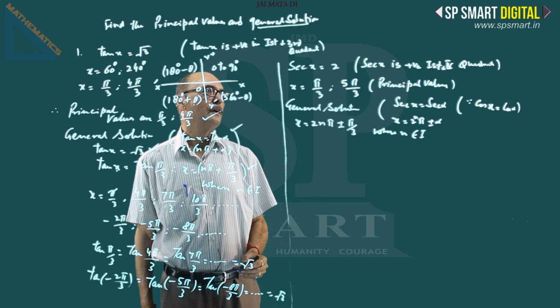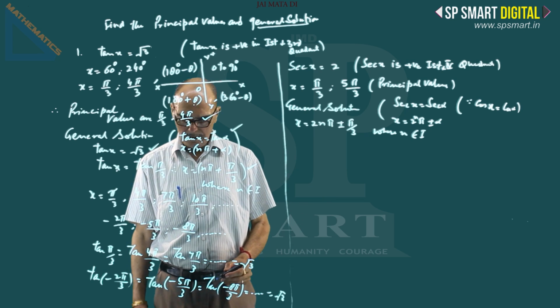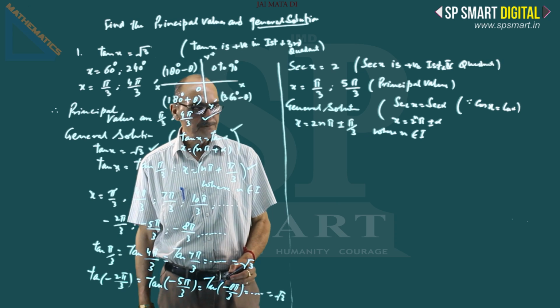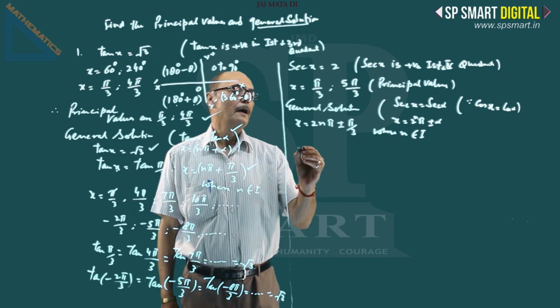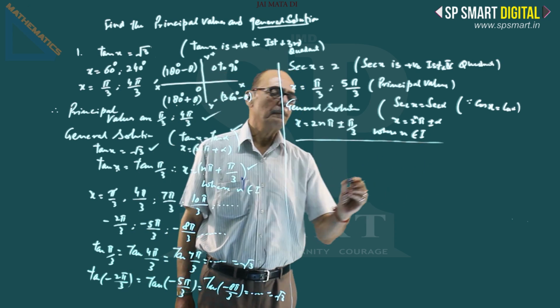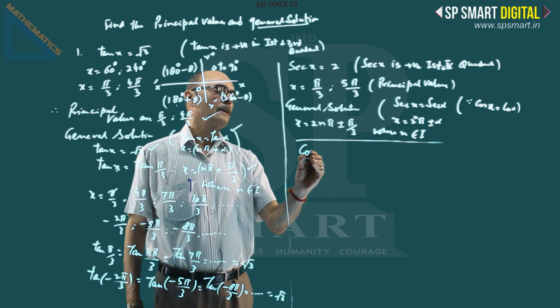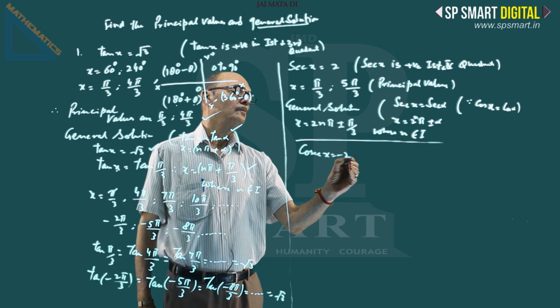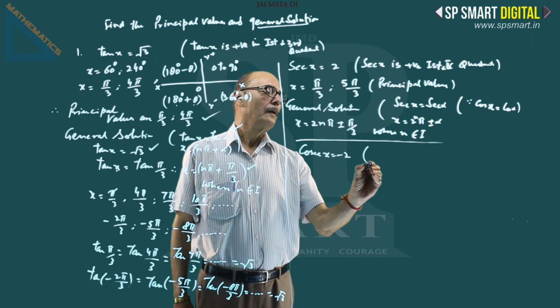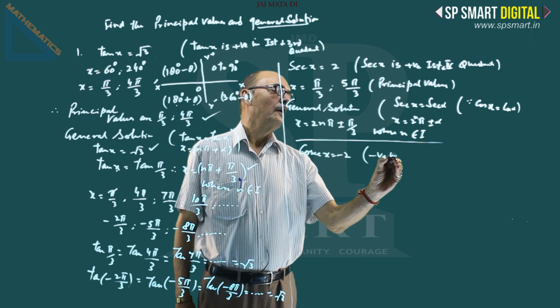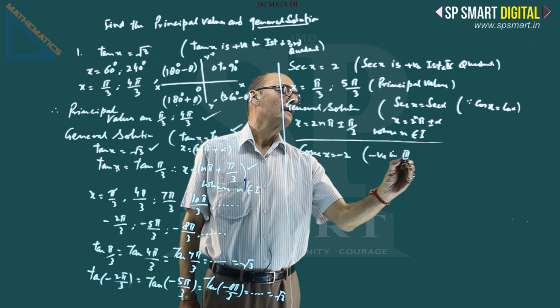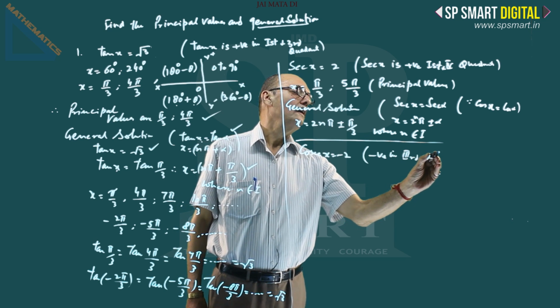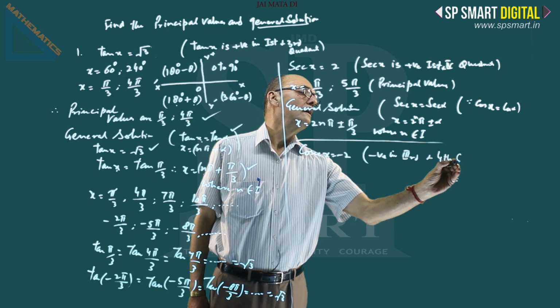So, we can take up the other examples. Let us take an example where cosec of x equal to minus 2, negative in the third and fourth quadrant.